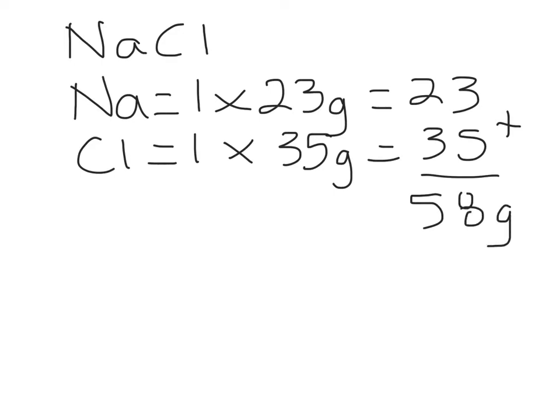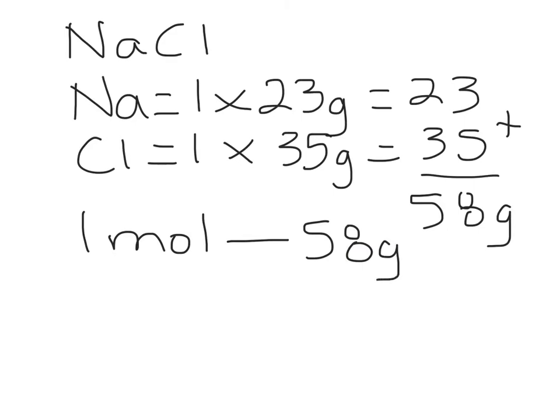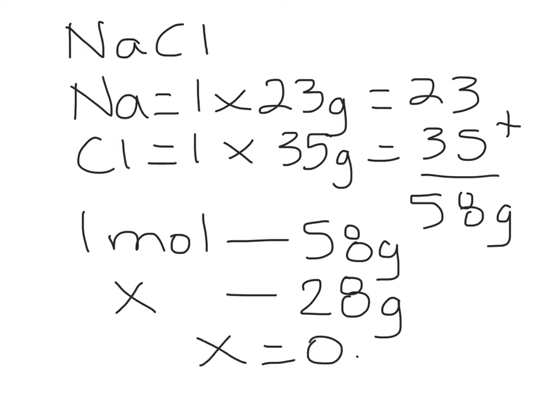I now know that 1 mole of sodium chloride corresponds to 58 grams. I don't know how many moles of this solute correspond to the 28 grams that are in the problem. My X value now is 0.48 moles. I have solved the first part.